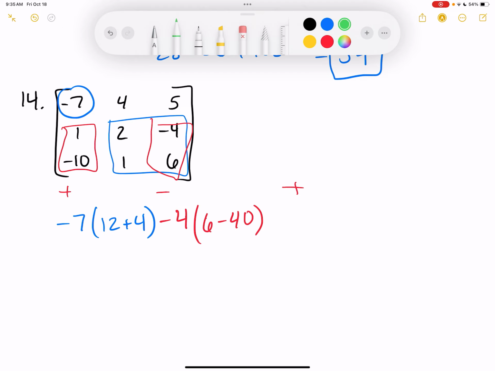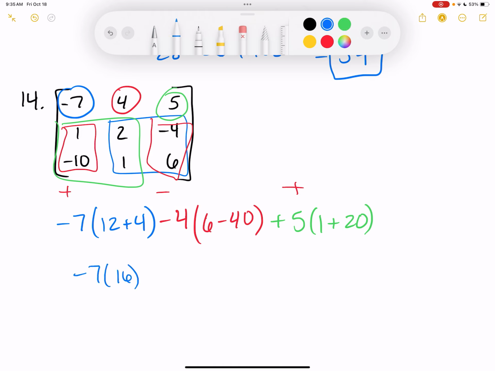And last part, plus 5. 1 minus 20, so plus 20, yeah. So I've got negative 7 times 16 minus 4 times negative 34 plus 5 times 21.